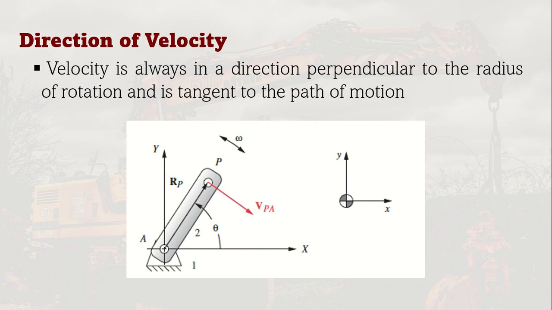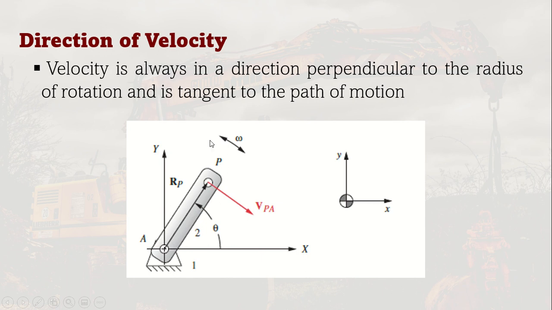Since velocity is a vector, it always has a direction. Velocity is always in a direction perpendicular to the radius of rotation and tangent to the path of motion. As you can see in this illustration, the center of rotation is the joint A of this particular link.